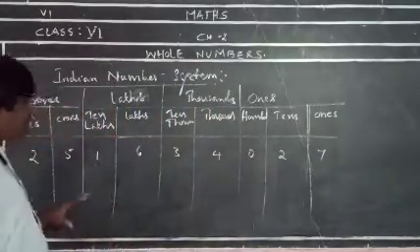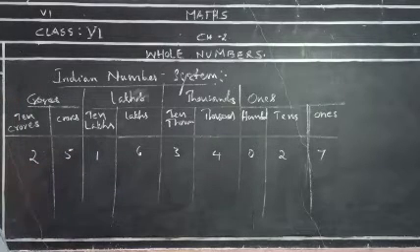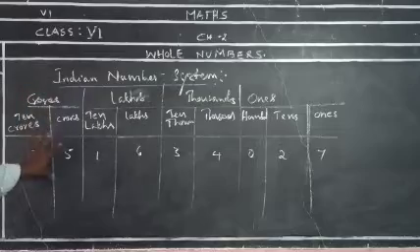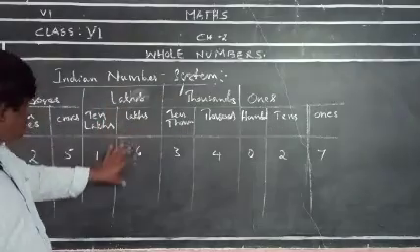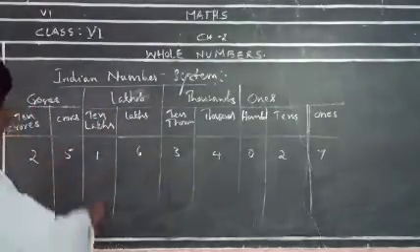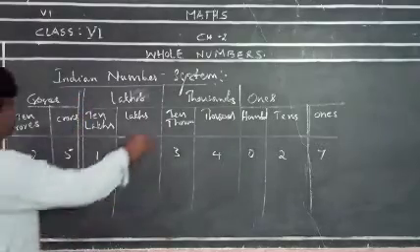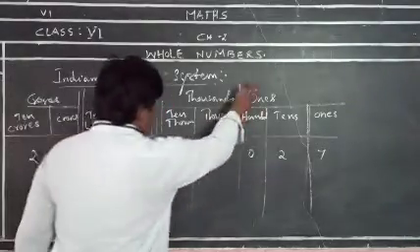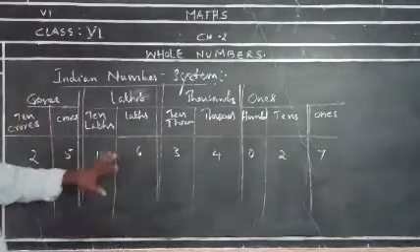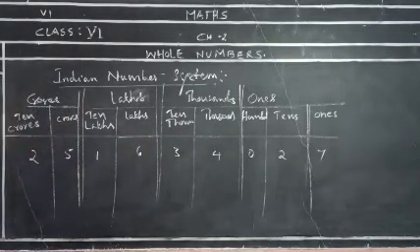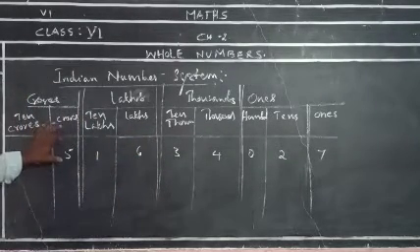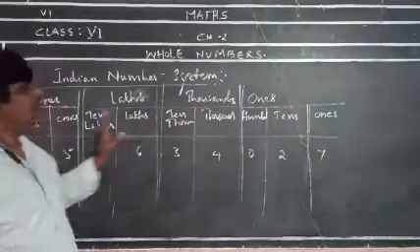So how can we give the name of the number? In the crores house you have 25, in the lakhs house you have 16. I am separating by drawing one more line for ones, thousands, lakhs and the crores. So what will you get?